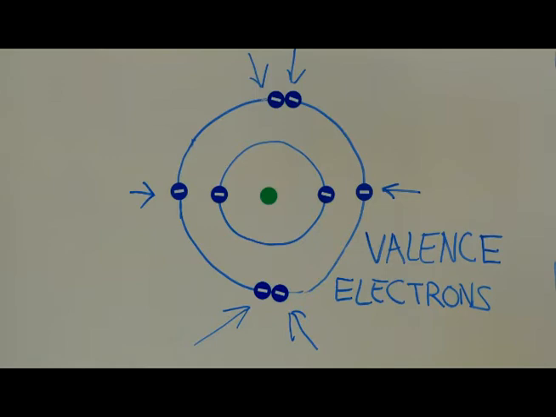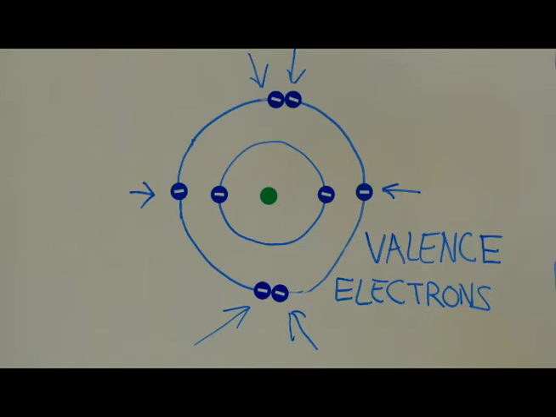So the green dot is the nucleus, and we have two layers of electrons or shells surrounding the nucleus. There are rules regarding these two shells, or more shells on other atoms, but basically in the first shell, or the closest shell to the nucleus, you can only have a maximum of 2 electrons.